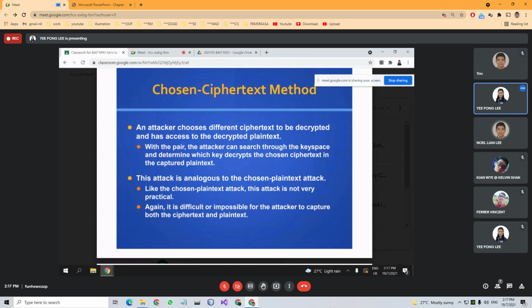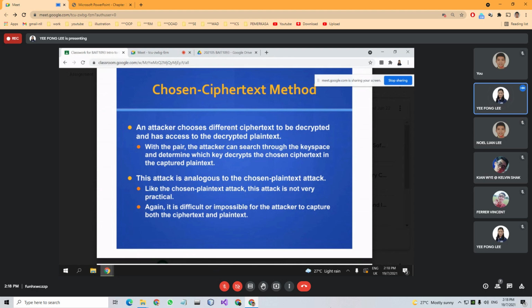Yeah. For this slide, the purpose for the attacker is to create a key. They have a ciphertext, but they want to study how to get the plaintext. Okay, they choose different ciphertexts to be decrypted and have access to the decrypted plaintext.